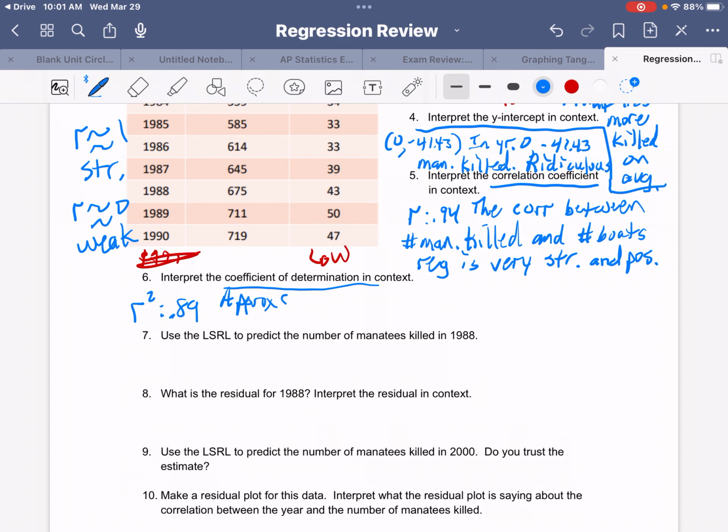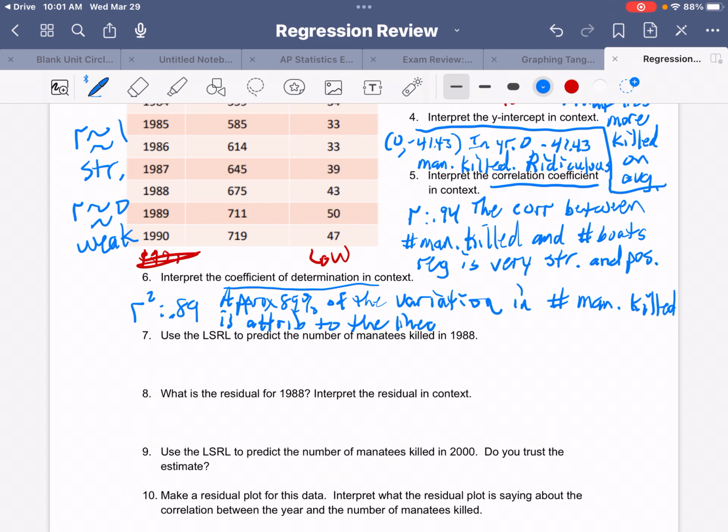Approximately 89%, that's R squared, of the variation in the number of manatees killed, that's the Y value, is attributed to the linear relationship with the number of boats registered.